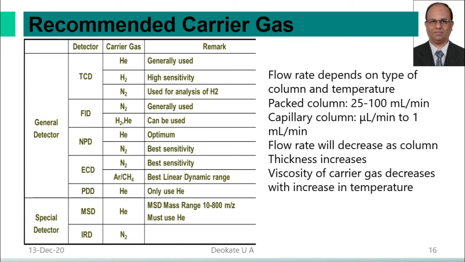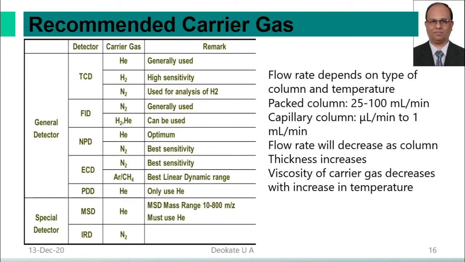In NPD, we can use helium and nitrogen. In ECD, we can use nitrogen and argon methane mixture. With PDD, we can use helium as a carrier gas. Some special detectors require helium; the mass spectrophotometric detector, or IR, utilizes nitrogen as a carrier gas.